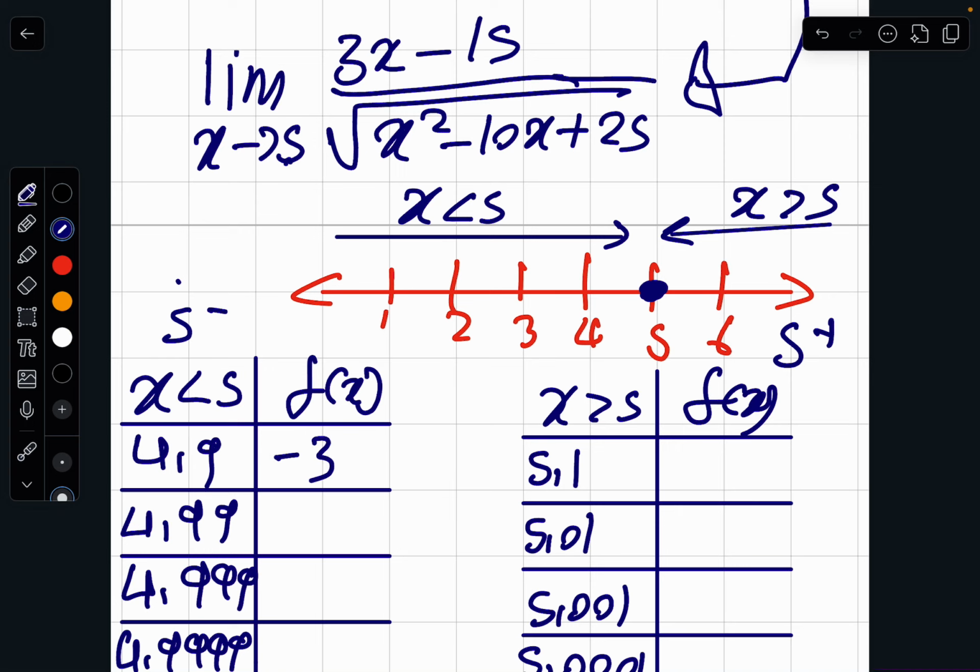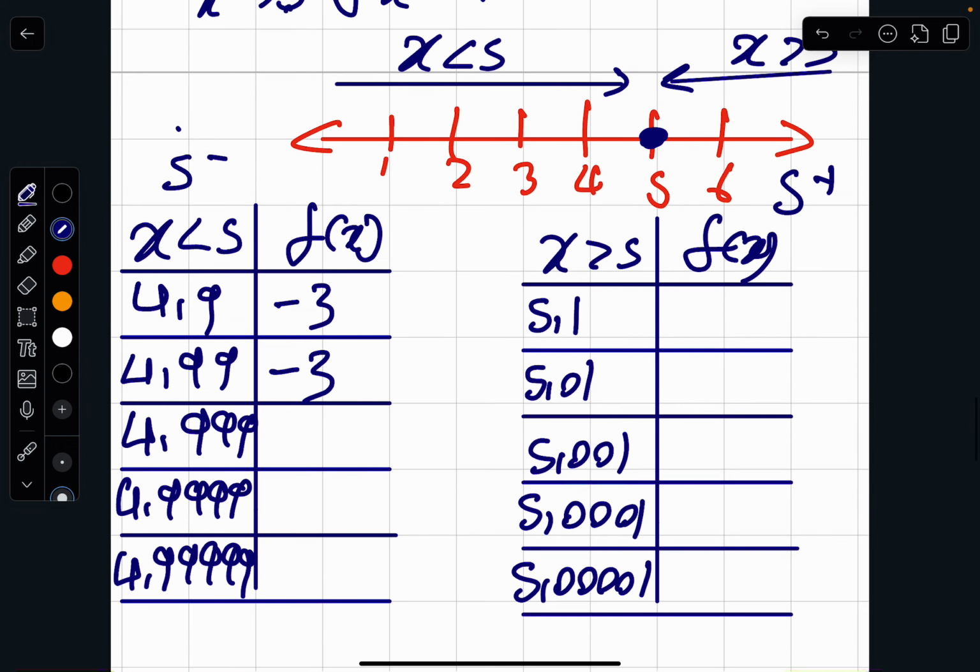Therefore, you're going to increase those 9s. It's a lot of work, but a very simple result is negative 3. You add another 9, and you get negative 3.